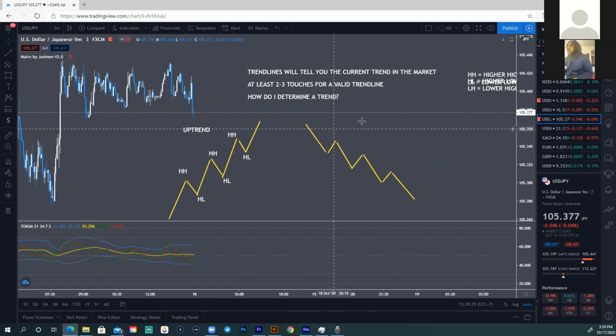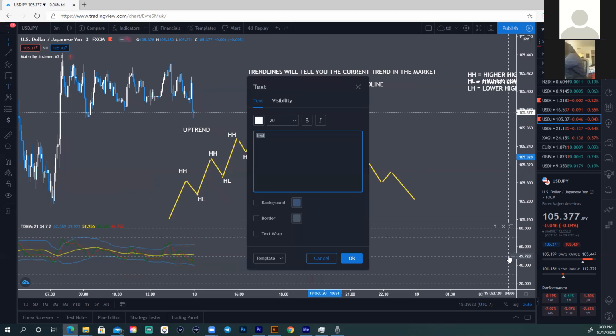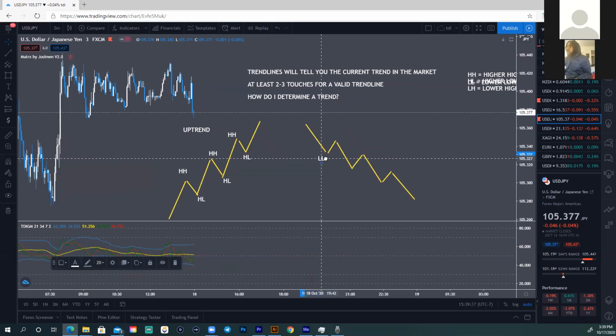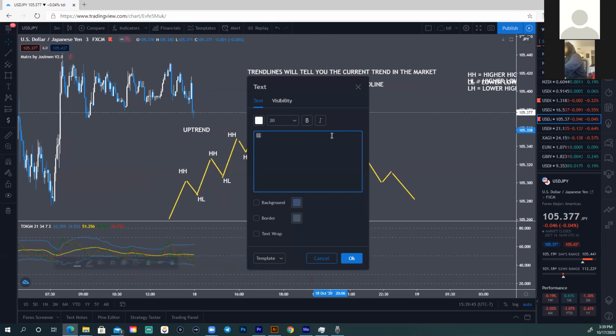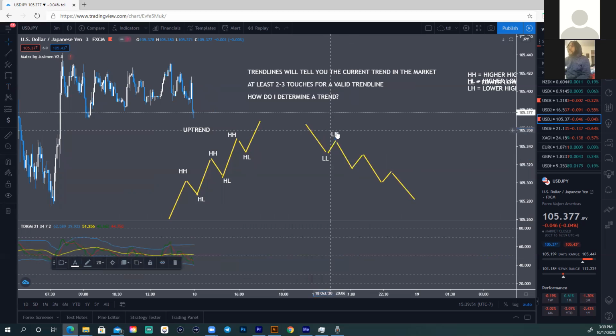Come back over here. Lower low just means that this low is lower than the previous low. Okay. Lower high just means that this high is lower than the previous high. Okay.